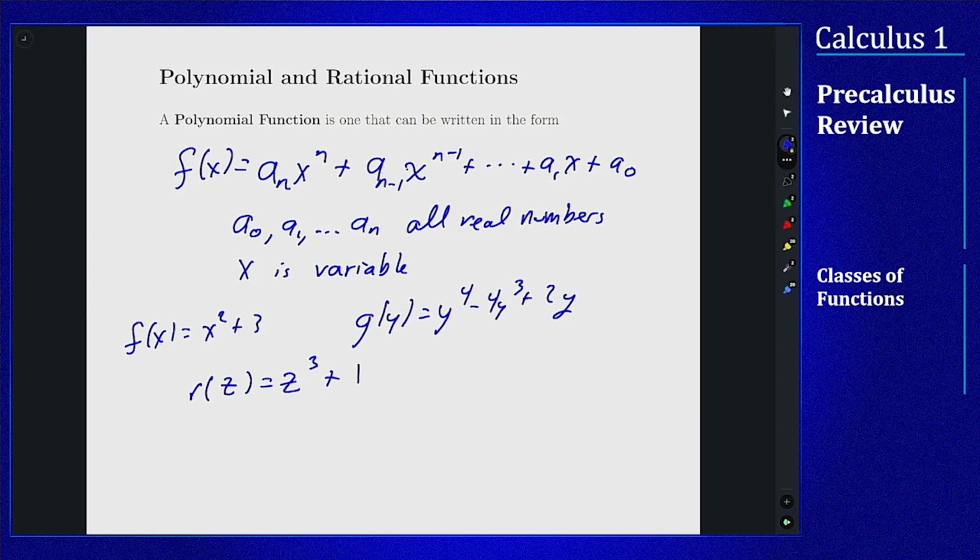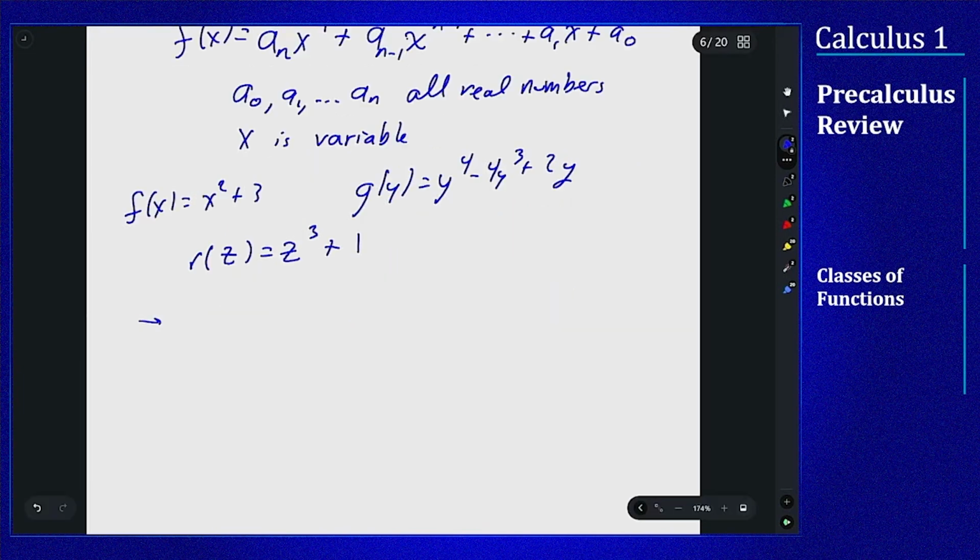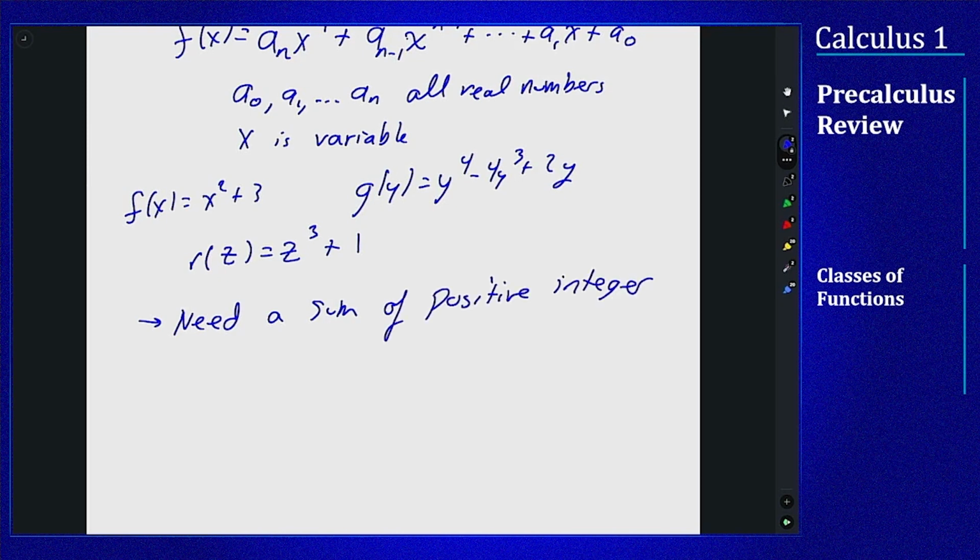But the main characteristic is that they are all made up of a sum or difference, because if the constant is negative, you get a difference instead of a sum, of positive integer powers of the variable with those constants in front of them. So all you need is a sum of positive integer powers of your variable with constants.